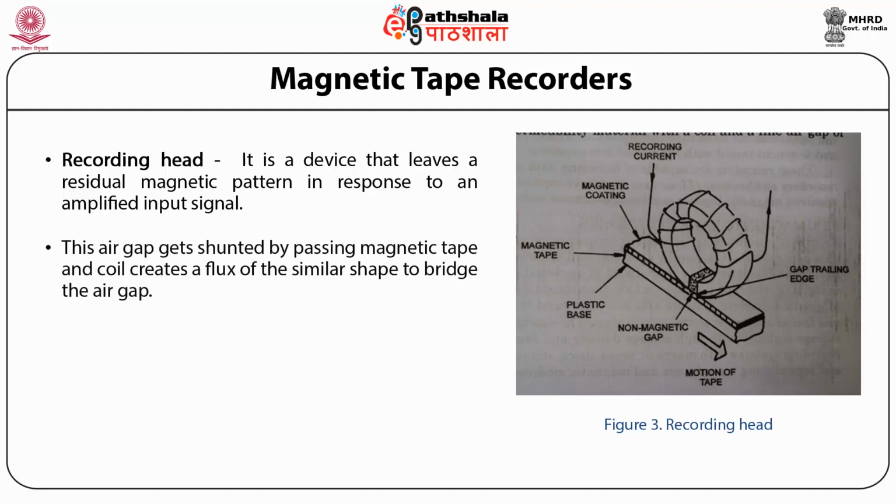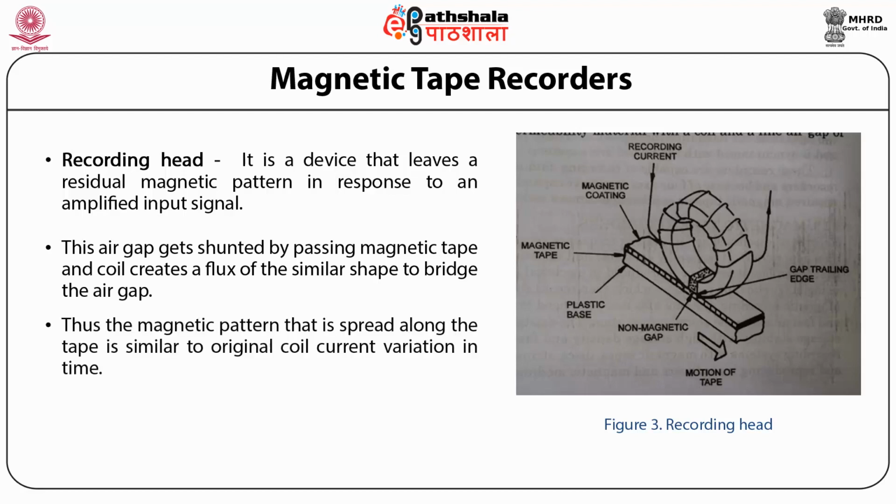This air gap gets shunted by the passing magnetic tape, and the coil creates a flux of similar shape to bridge the air gap. Iron oxide particles get magnetized when they leave this air gap, and so the actual recording takes place at the rear edge of the gap. Thus, the magnetic pattern spread along the tape is similar to the original coil current variation in time.